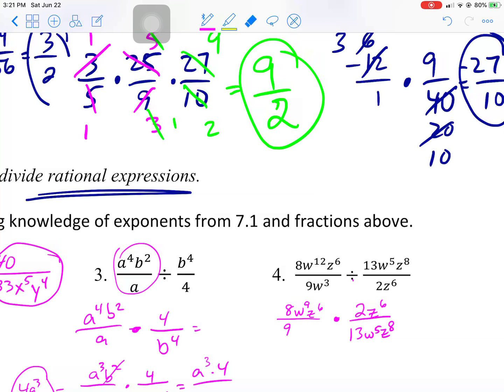Let me go ahead and reduce the z's. W's, 5 W's here. Okay, the z's, there was 8 on top, 6 underneath. That's going to leave 2 here. Z to the 8 minus 6 is z squared. Okay. All right.